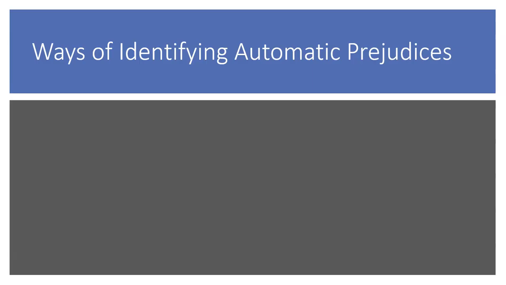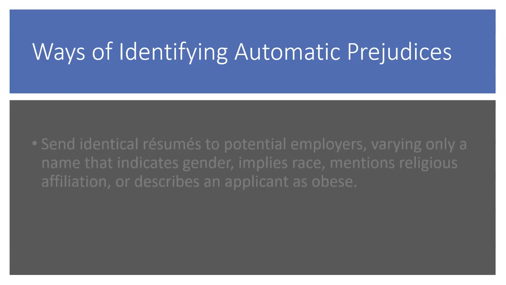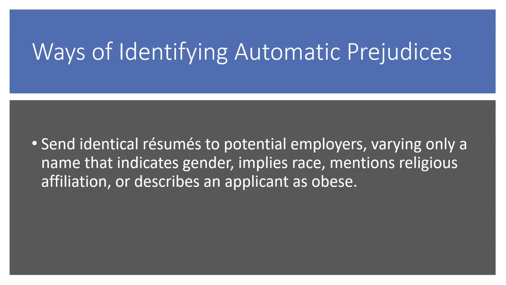There are many, as I mentioned before, techniques for doing this. One that's been used fairly often to uncover bias in hiring is to send identical resumes to potential employers and then have them evaluate them. What the researchers will do with these resumes is they'll manipulate some of the information to suggest that a person is of a particular sex, a particular race, a particular religious orientation, and so on.